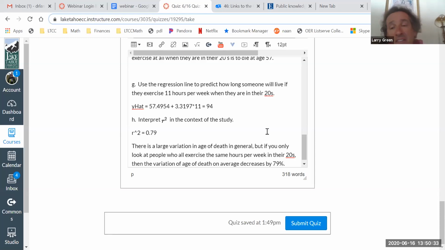It doesn't mean age of death decreases, it's the variation of age of death. So it means it's much more predictable how long someone's going to live.